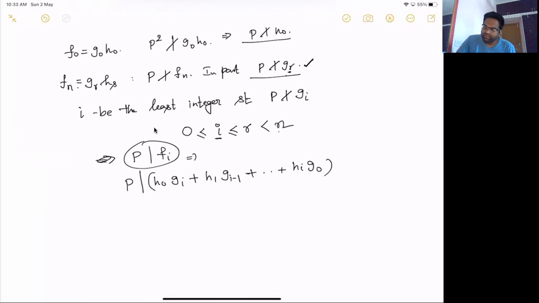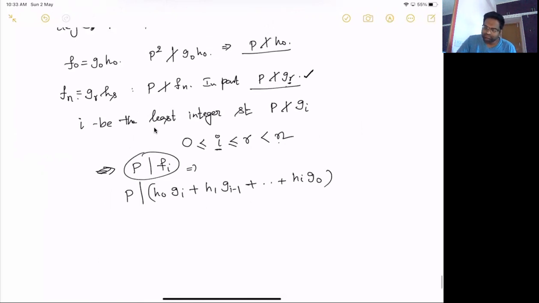Now, we have already seen that p divides Gj for j strictly less than i, because i is the least integer such that p does not divide Gi. So for any integer j strictly less than i, p divides Gj.